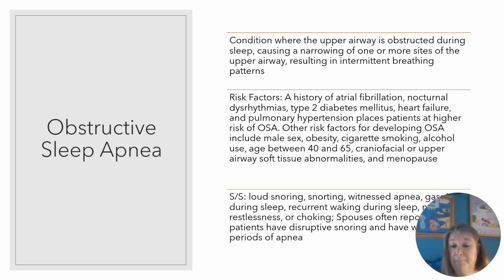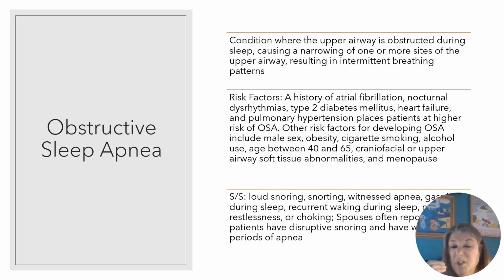Gravity pulls it down, and can work to obstruct that airway. We also talk about cigarette smoking, alcohol use, age 40 to 65, any craniofacial or upper airway abnormalities, and then menopause, just throwing that in for fun, right? So your person's going to have loud snoring.